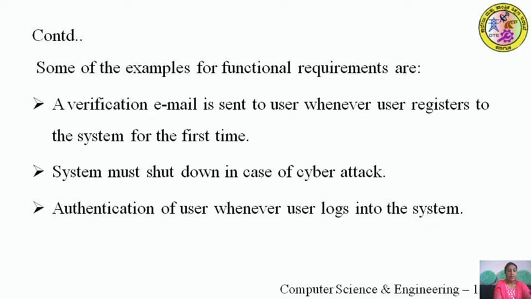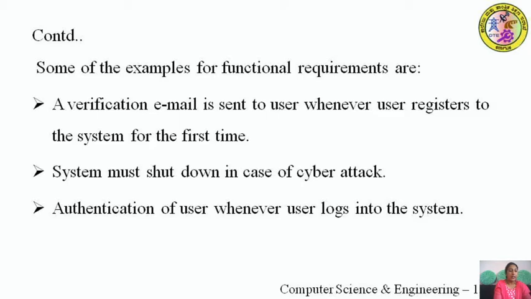Now let's have a look at some examples of functional requirements. Example number 1. A verification email is sent to the user whenever the user registers to the system for the first time. Example number 2. The system must shut down in case of a cyber attack. Example number 3. Authentication of the user whenever the user logs into the system.